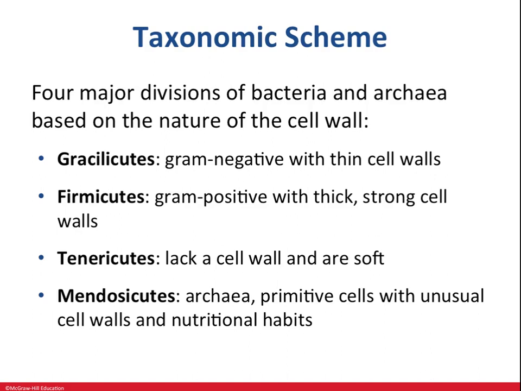Tenericutes means no cell wall, soft. And Mendosicutes are the archaea, primitive cells with unusual cell walls and nutrient habits. Because the archaea are unusual, they can survive in tough environments.